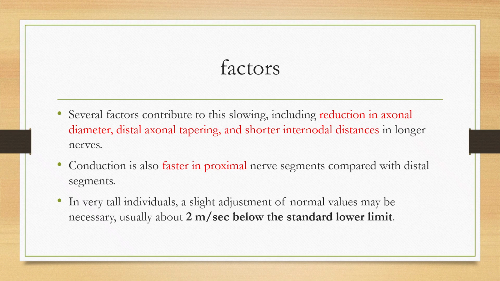Several factors contribute to the slowing, including reduction in axonal diameter, distal axonal tapering, and shorter internodal distances in longer nerves. Conduction is also faster in proximal nerve segments compared to distal segments. In very tall individuals, a slight adjustment of normal values may be necessary, usually about 2 meters per second below the standard lower limit.